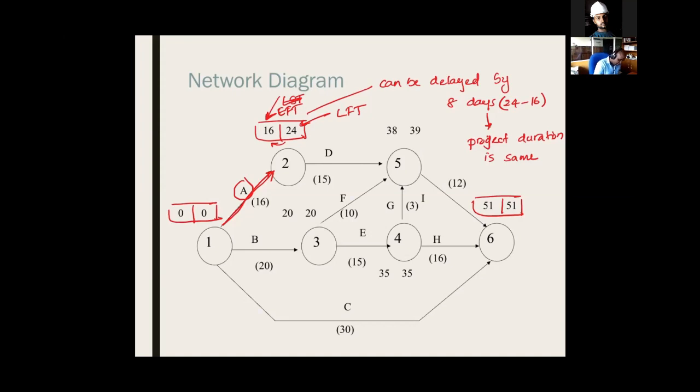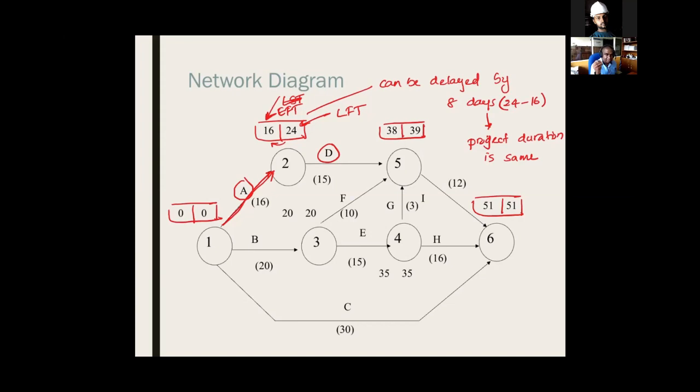Likewise, for this activity D, its finish can be delayed by 1 day. The exact physical interpretation of this we will discuss in the next section, activity on node, where you will understand this clearly.